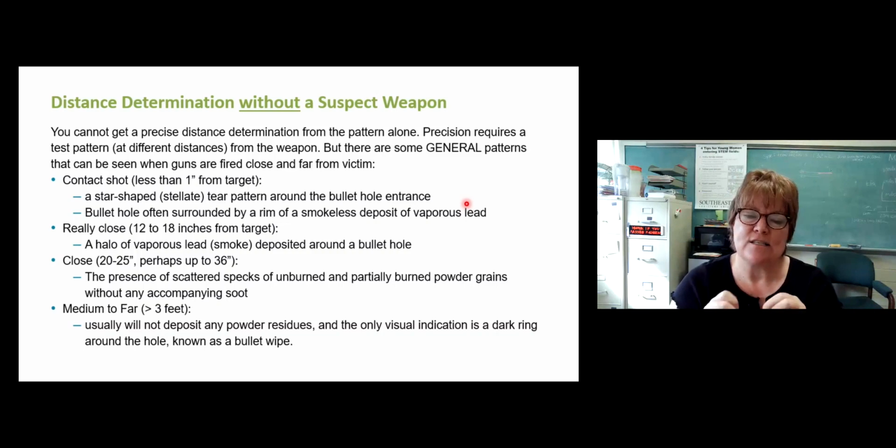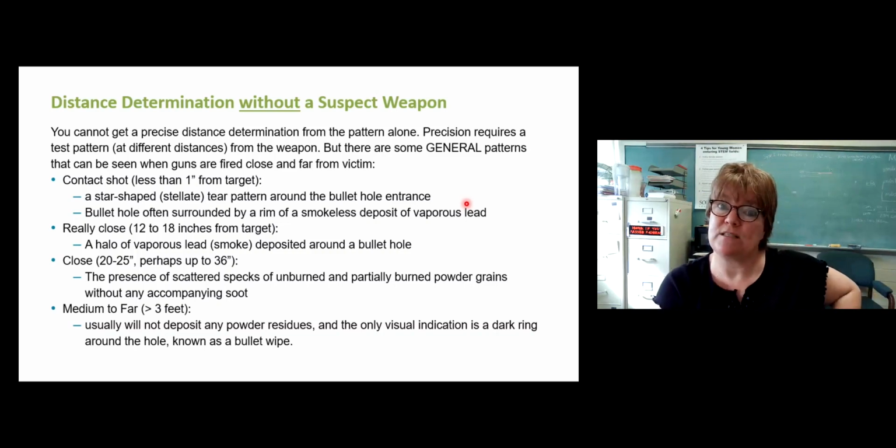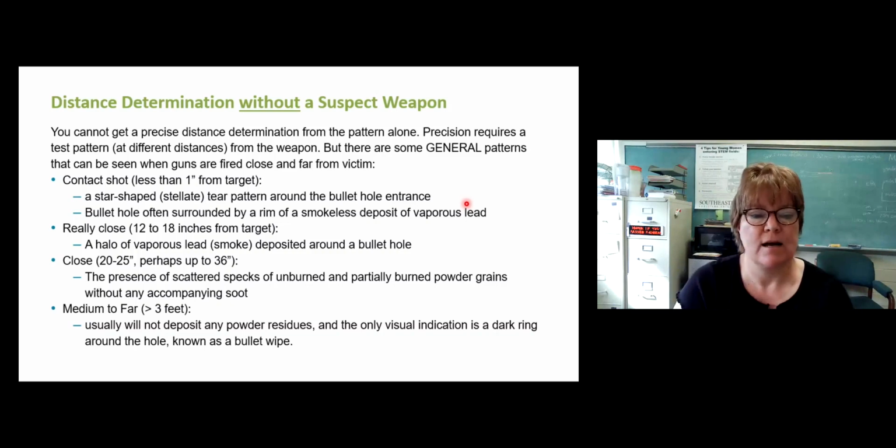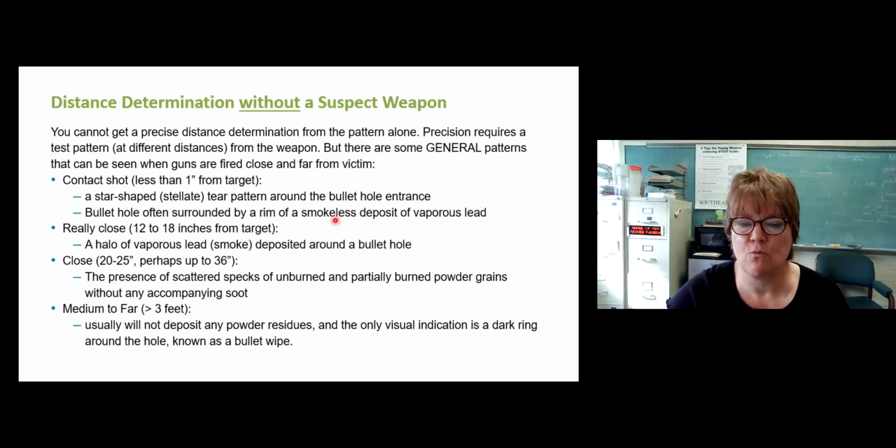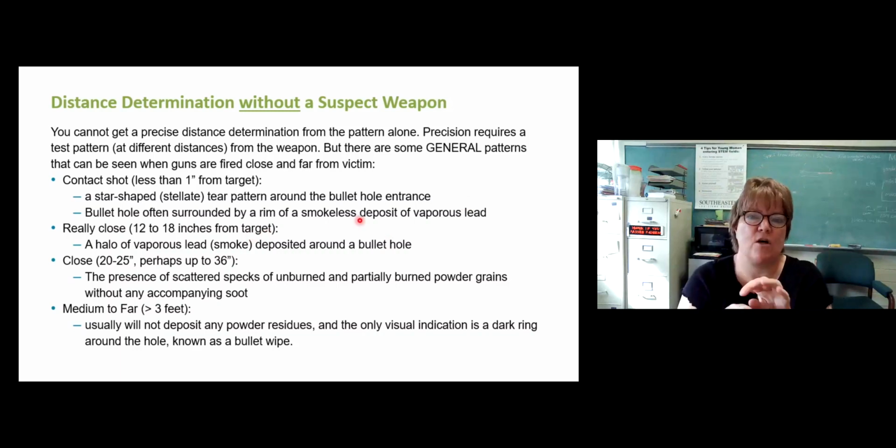So you tend to get a star-shaped tear pattern around the bullet hole entrance, whether it's going into a piece of clothing or into a body, right against the skin. The bullet hole is often surrounded by a rim of smokeless deposit, all the stuff coming out of that barrel from the gunpowder explosion. You tend to get a rim and a star-shaped tear hole.